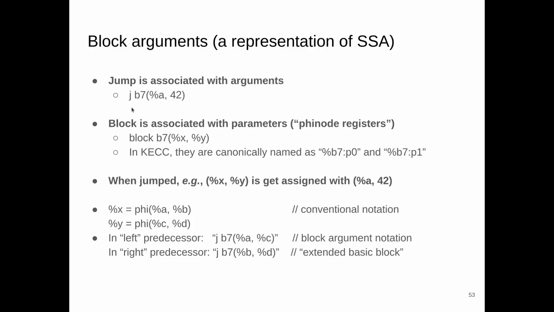But in addition, we are going to annotate the jump with a list of values. These are basically arguments for the block. When you jump to B7, you're going to provide 2 arguments to the block, which are A and 42.